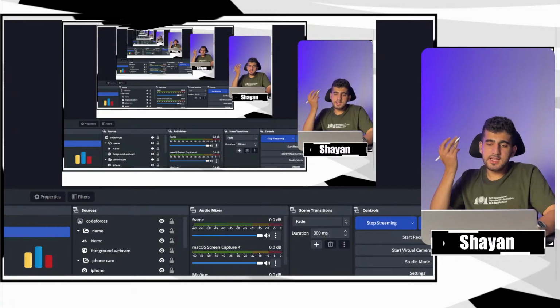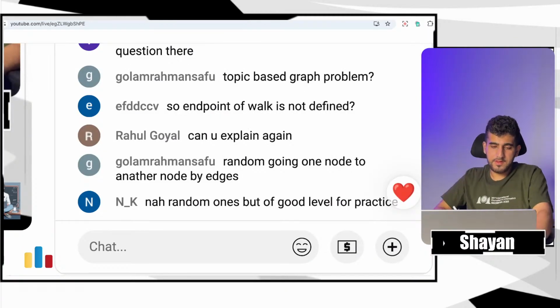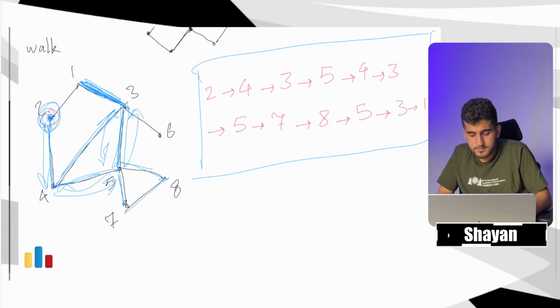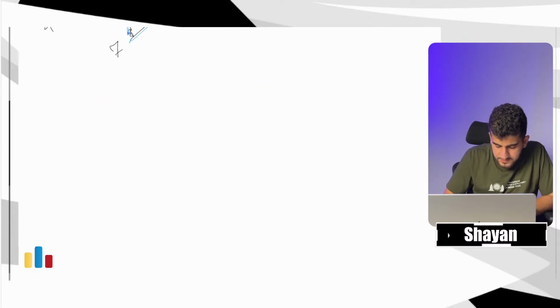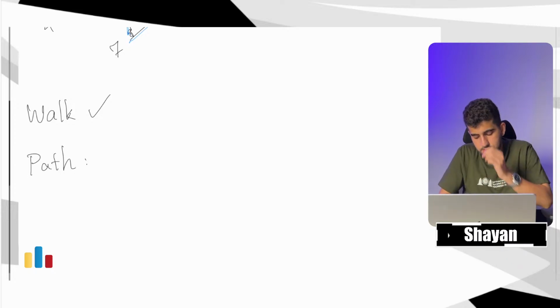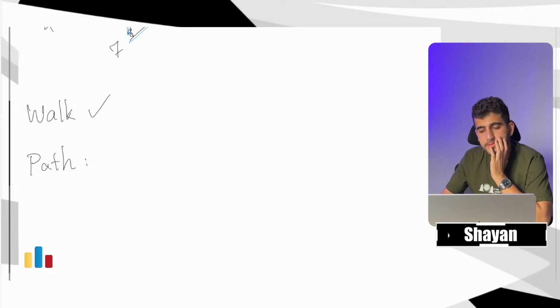Now, can you say what the definition of a path is? So now we know the definition of a walk. So what is a path? What is a path then?